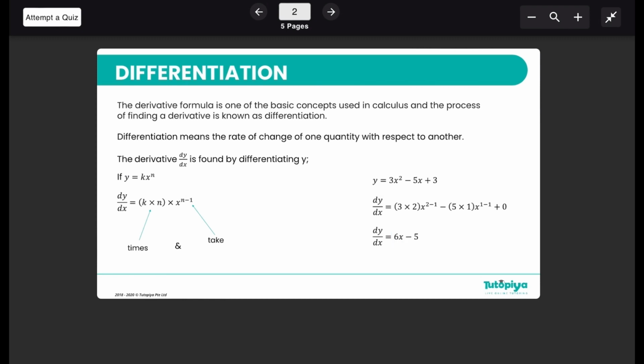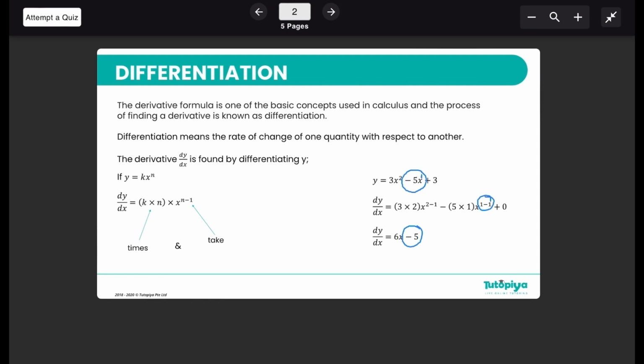Same way, you continue on. So negative 5x is basically like saying x to the power of 1. There's an imaginary 1 there. So you multiply that 1 to the front, and then you subtract 1 here. So this will then become negative 5.